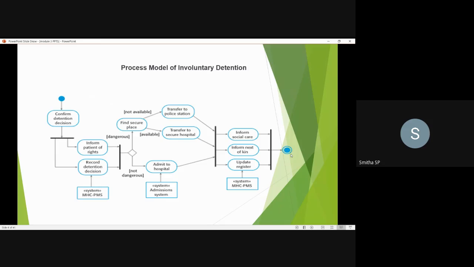Next, rectangles with round corners are the activities. Then arrows represent the flow of work from one activity to another activity.